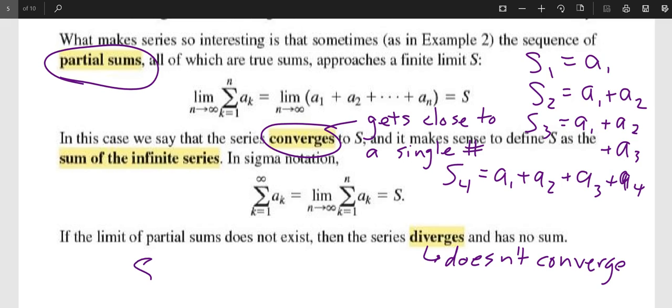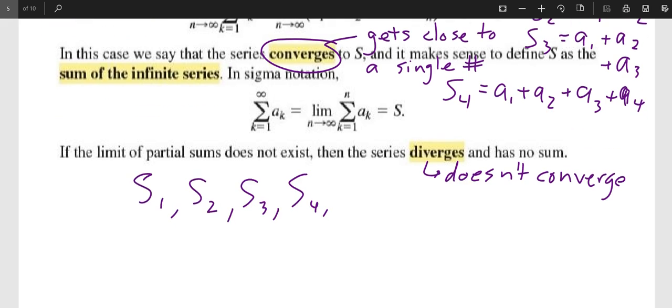When we start taking a look at S1 and S2 and S3 and S4 and S5, and then eventually the limit as n goes to infinity of S sub n. In other words, do these partial sums get closer and closer and closer to a particular value, or do these partial sums not get close to anything?